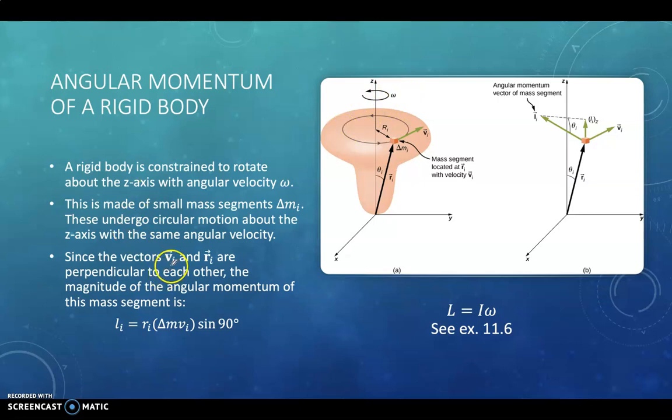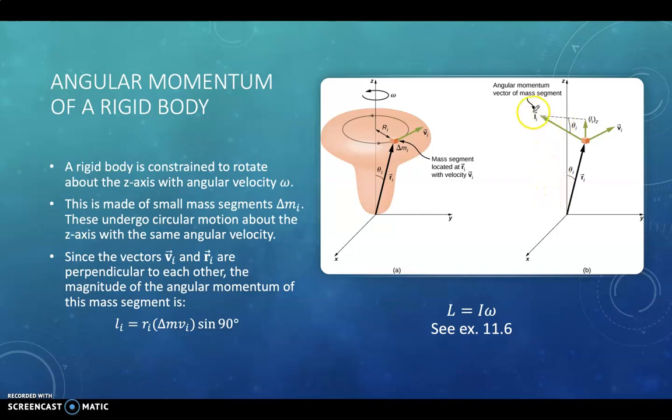Since v sub i and r sub i are perpendicular to each other, the magnitude of the angular momentum of this mass segment is going to be L sub i equals r sub i delta m v sub i times sine of 90 degrees. So again we've got our r vector, our v vector, and our L sub i vector is going to be in this direction here.